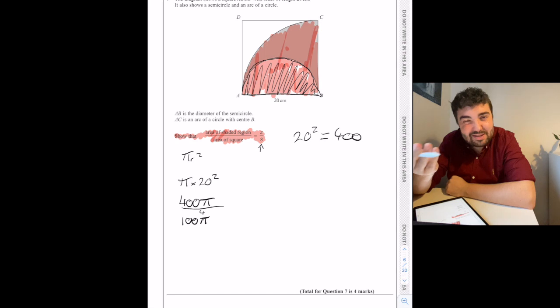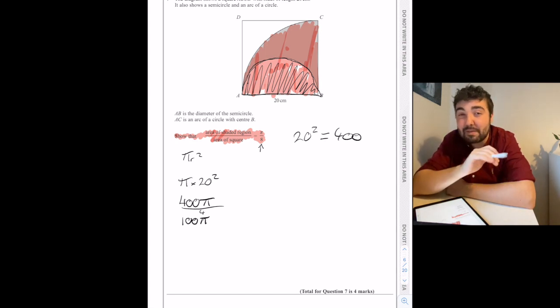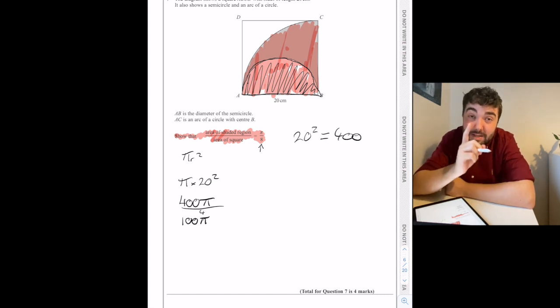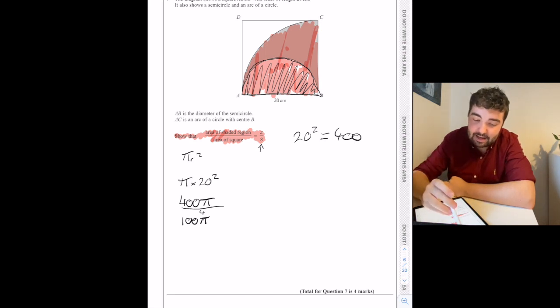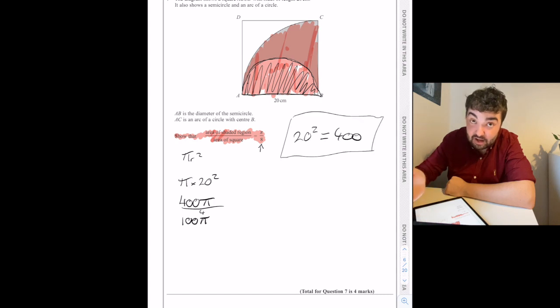You know when I told you not to read the show that bit? Because they normally give you all the information that you need in the show that beforehand. Did they here? Absolutely not. They fooled me again. So we do need the area of the square, just right at the end. So let's leave that bad boy piece of information over on the corner.